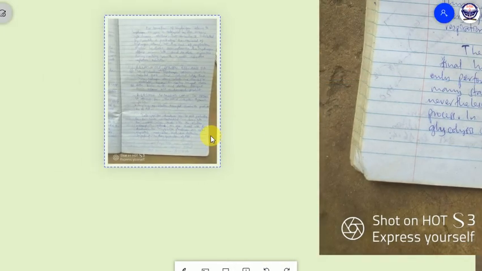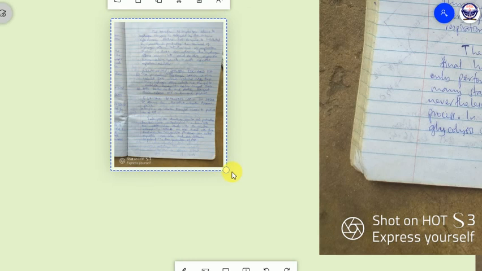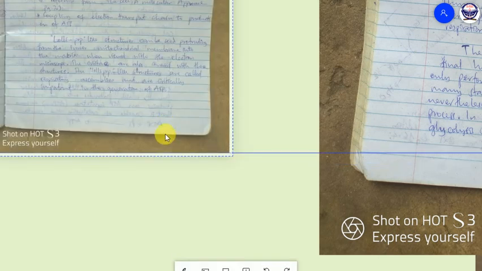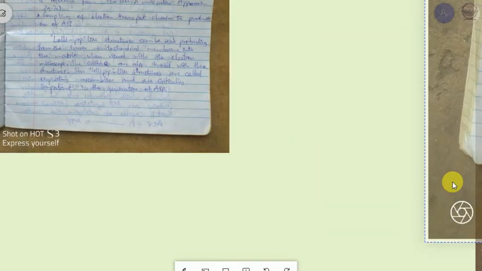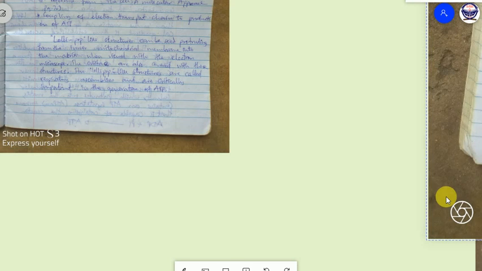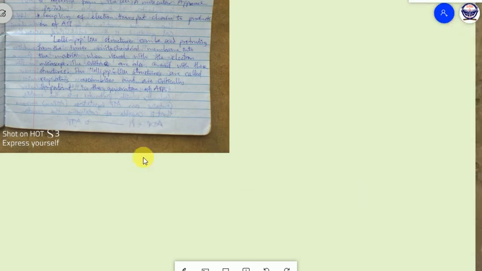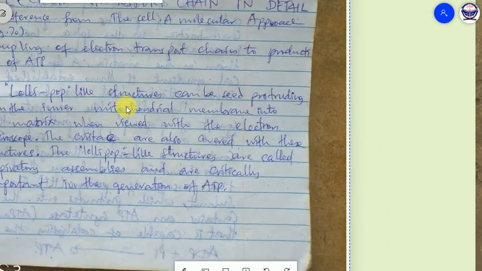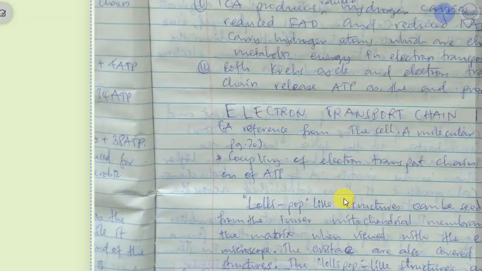So in the absence of oxygen you can't do Krebs cycle and you can't do electron transport chain. So oxygen is very important in the whole process of respiration because it allows the different reactions of respiration to take place.